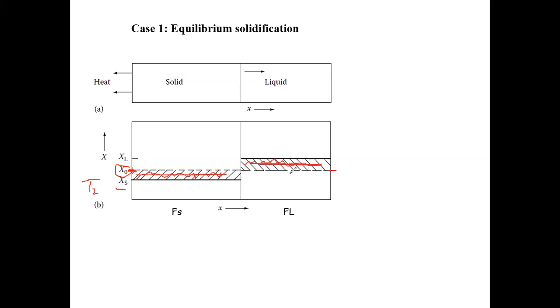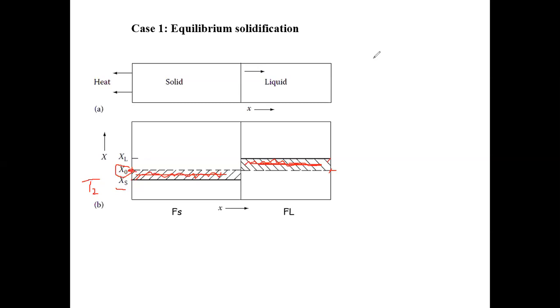Now, you can easily compute this area, right? This is XL and this is X naught. So take the difference between the two, and then multiply by the length of the liquid region, which is FL. Okay, so that's the shaded area. So now my question for you is: what is the relation between this shaded region and this shaded region?